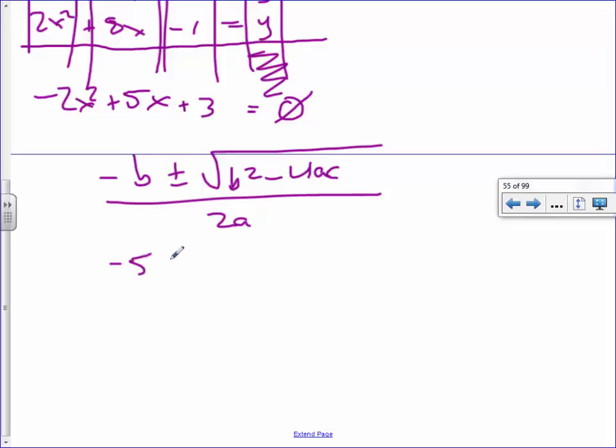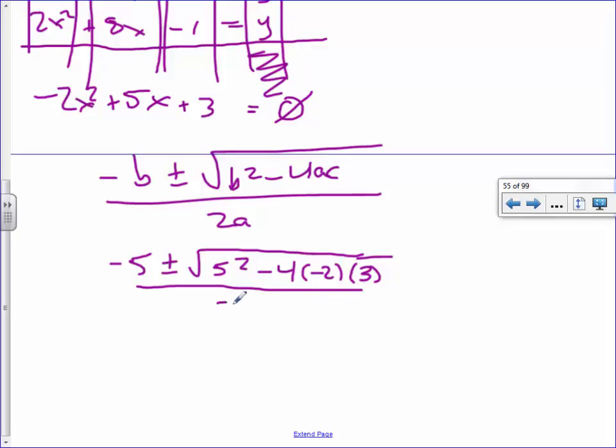So negative 5. Then we've got to use 5 again. What's the a value in this one? Good. Don't forget the negative too. That makes a difference. And the c value is 3. All over 2 and negative 2.